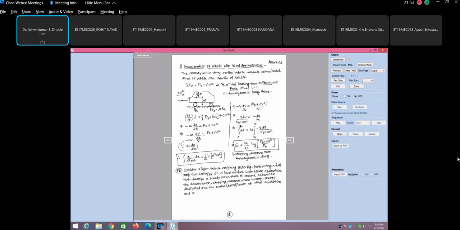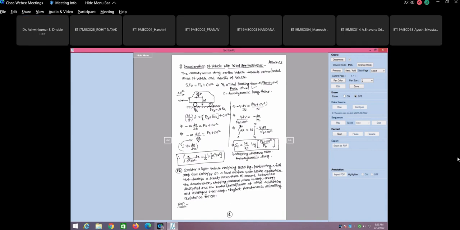Neglect aerodynamic and rolling resistance forces.